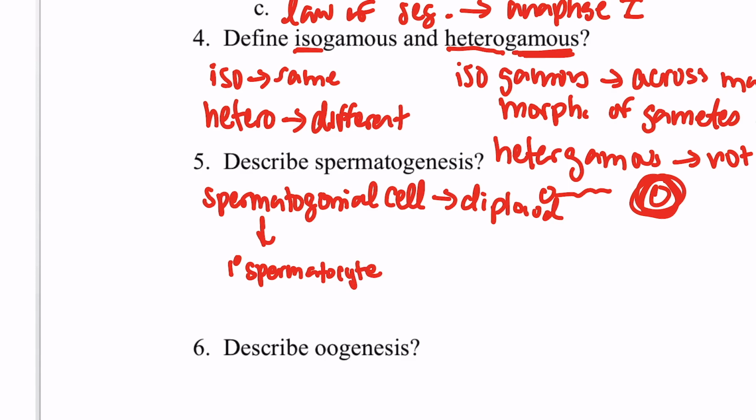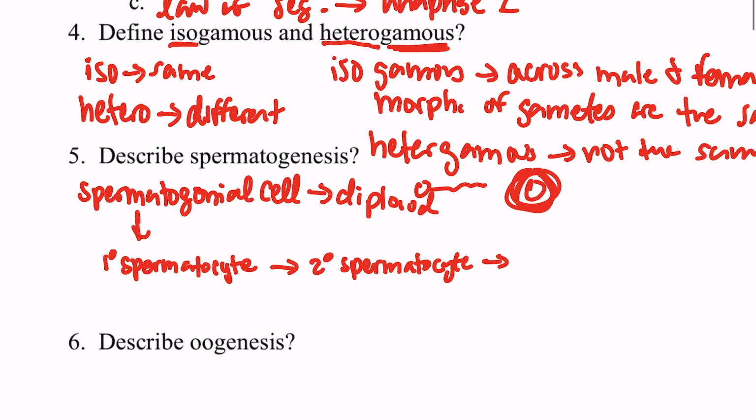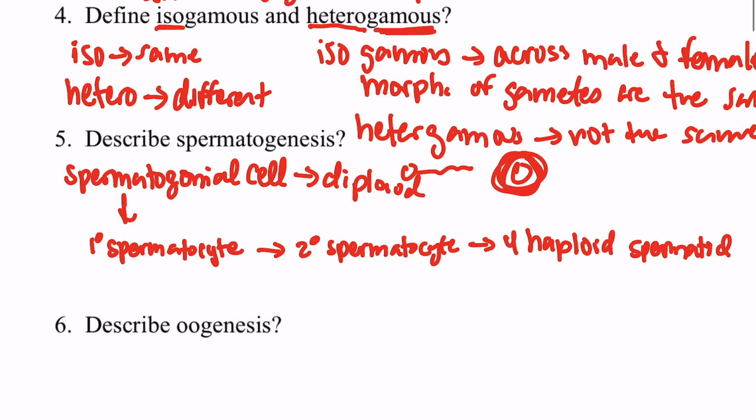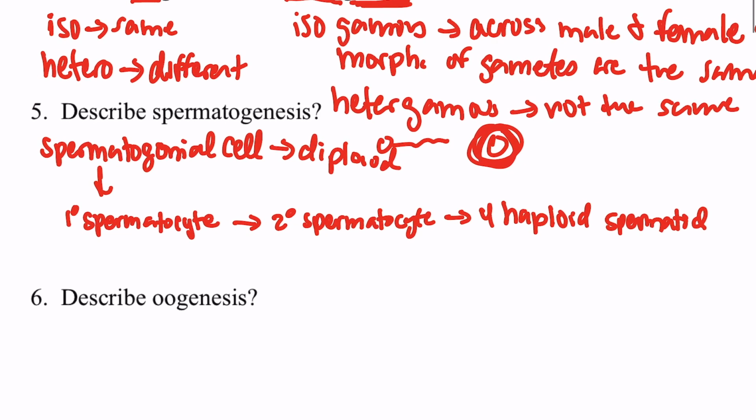This will then turn into a secondary spermatocyte. And then the end result will be 4 haploid spermatids. And these are unique because they've undergone meiosis. So this is an overview, and then one more thing is this occurs in the testes.